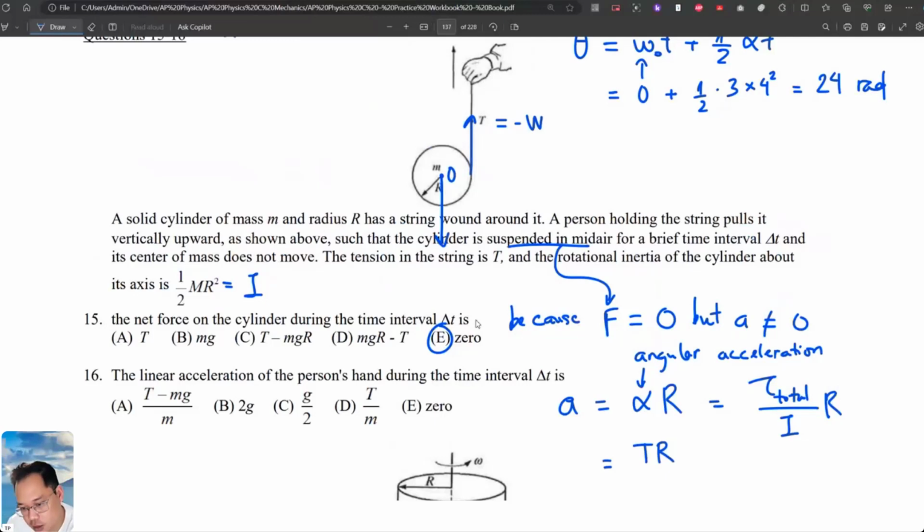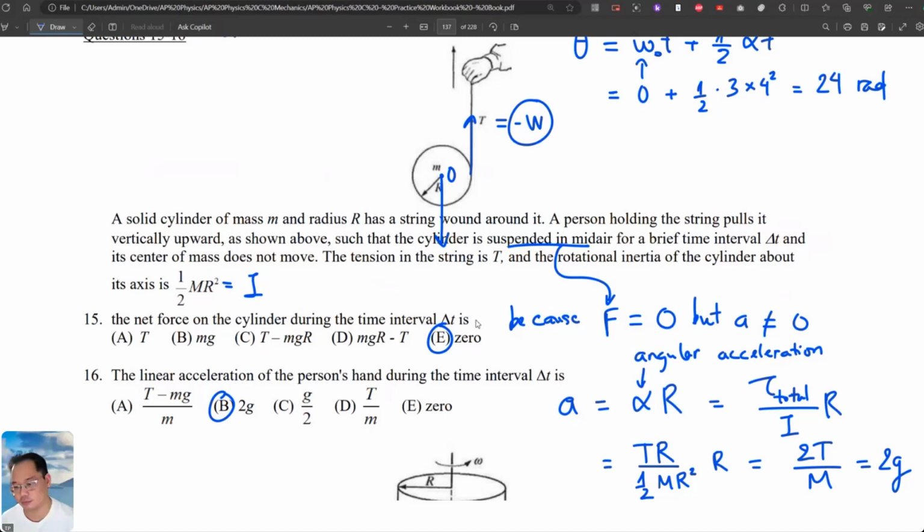Tension times radius, and then divide by 1/2 of the mass times r squared, and then times r. So we simplify the r, r times r over r squared. So the answer is 2T over m. 2T over m. And because T equal to the weight, that is 2mg over m, and therefore that equals 2g, and therefore it is answer B. Because this tension is equal to the weight, mg.